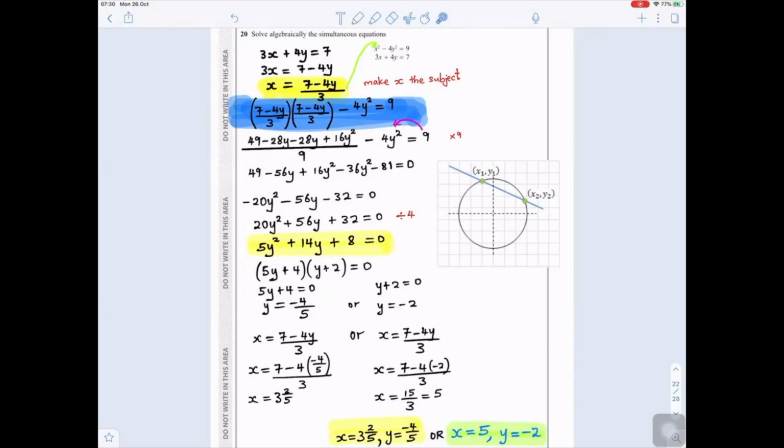So what we're doing now is we want to put all the y squared terms together. So 16y squared minus 36y squared, 16 minus 36, gives you minus 20y squared.